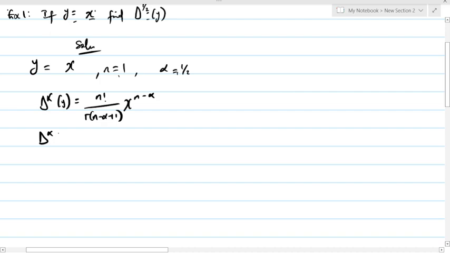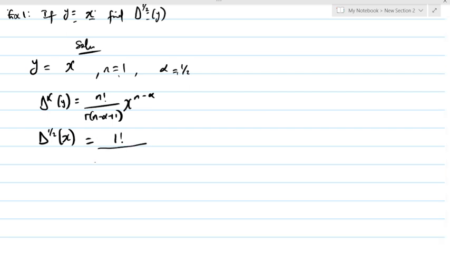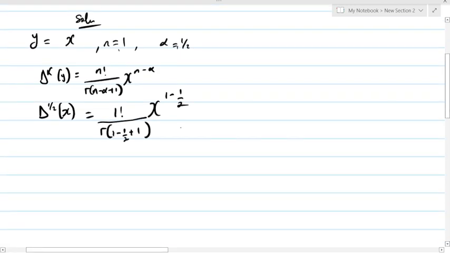So we have D^(1/2) of y, where alpha is half and the function we want to derive is x. Our n is 1, so we have 1 factorial over gamma of n, which is 1, minus alpha, which is half, plus 1, times x raised to n, which is 1, minus alpha, which is half. I believe you are following.